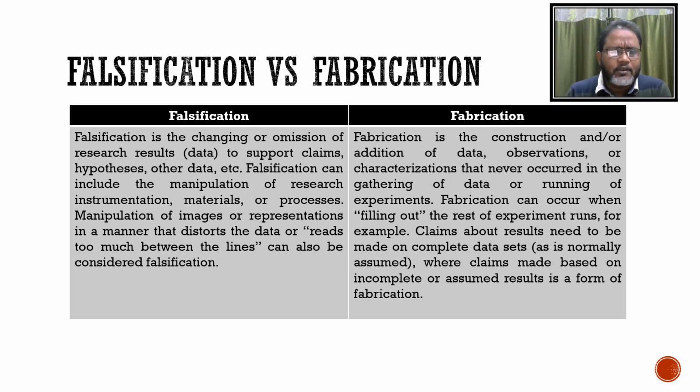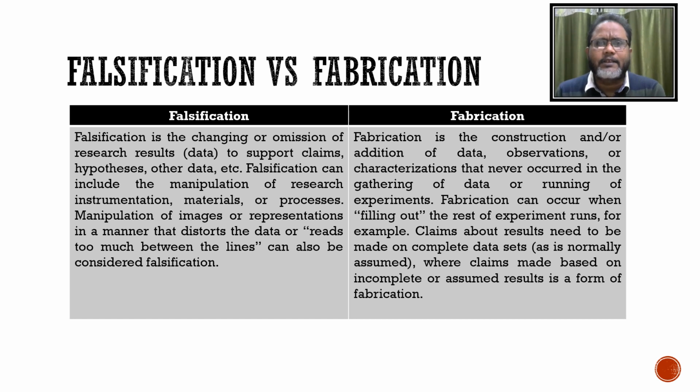One is falsification, and the second one is fabrication. Falsification is changing or omitting research results to support claims and hypotheses, manipulation of research instrumentation, materials, processes, manipulation of images, and reading too much between the lines.